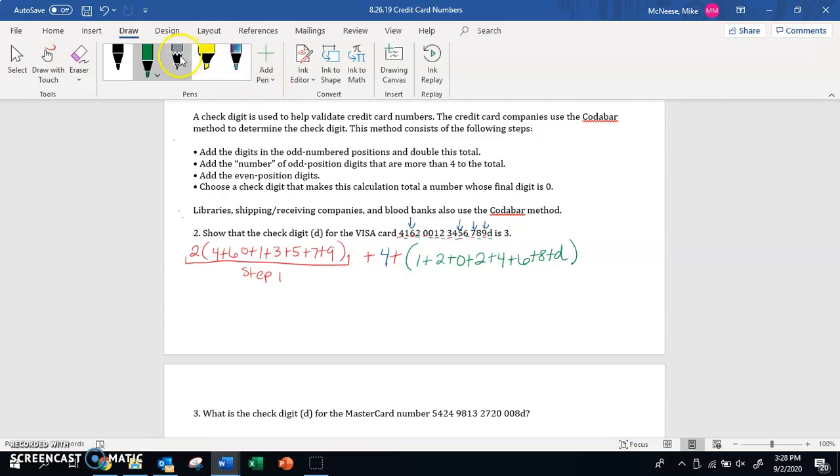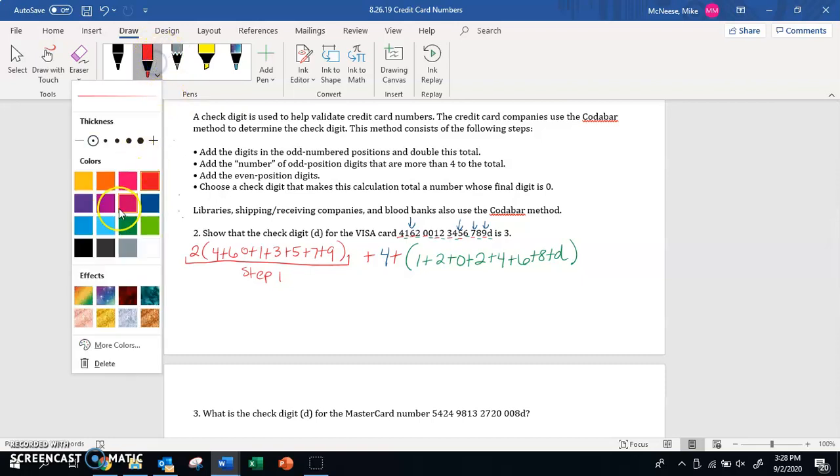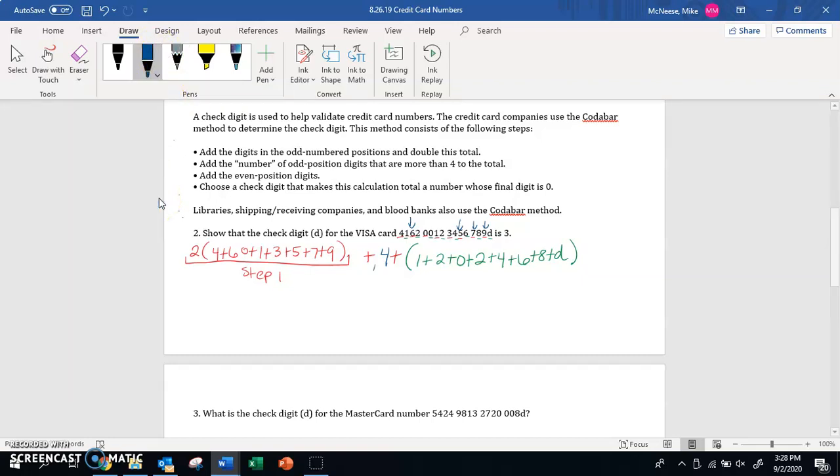And then the last thing I want to do is I just want to simplify. So this was step 2. And then the last one was step 3.